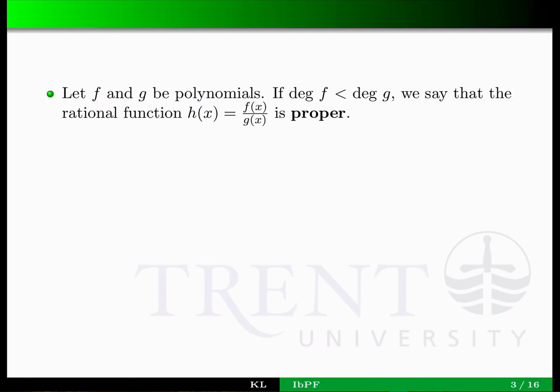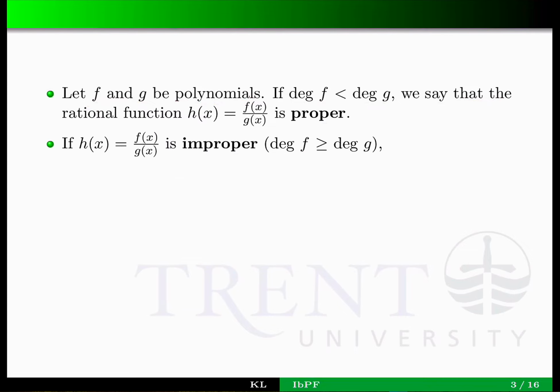If the numerator of a fraction is less than the denominator of the fraction, we call it a proper fraction. So in terms of functions, particularly rational functions, we want the degree of the numerator to be less than the degree of the denominator.